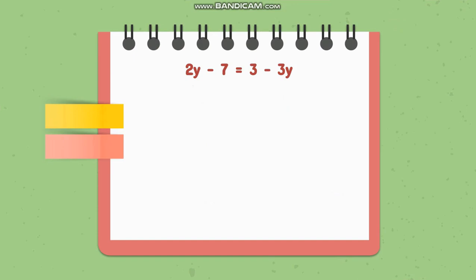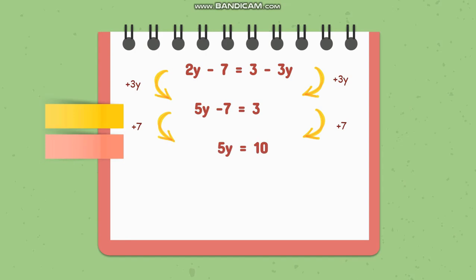This means that the first thing we want to do is add 3y's to both sides to get 5y minus 7 equal 3. Then to get all the numbers to the right, we want to get rid of the minus 7 by adding 7 to both sides, which will give us 5y equal 10.